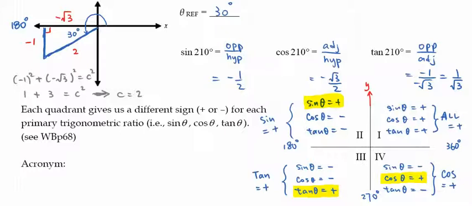To make it easier to remember, instead of finding the SOHCAHTOA, paying attention to the positive and negative in each quadrant, there is a better way to remember this. You will always have A, S, T, C for positive.